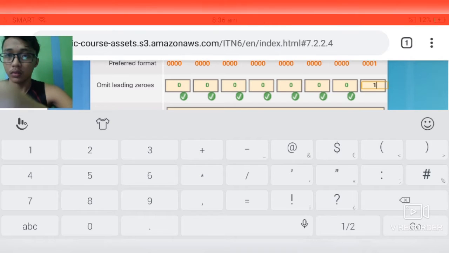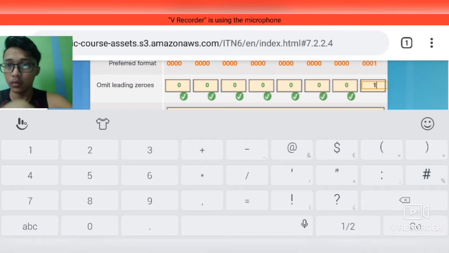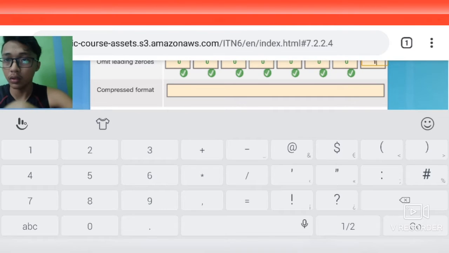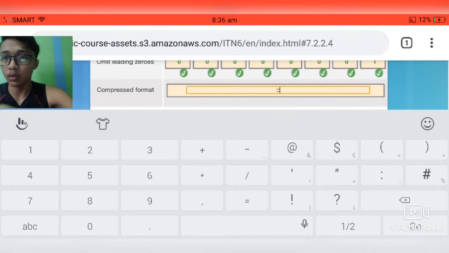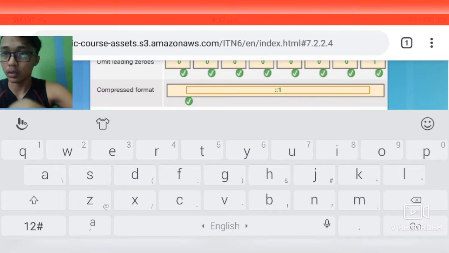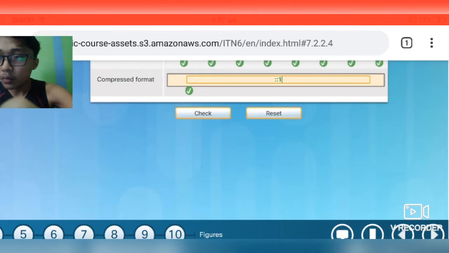So this is going to be the double colon and 1. So check. Okay, we successfully corrected this, and we're going to our fourth figure.